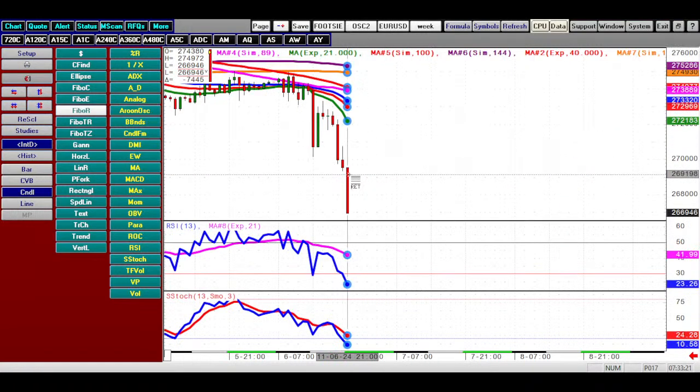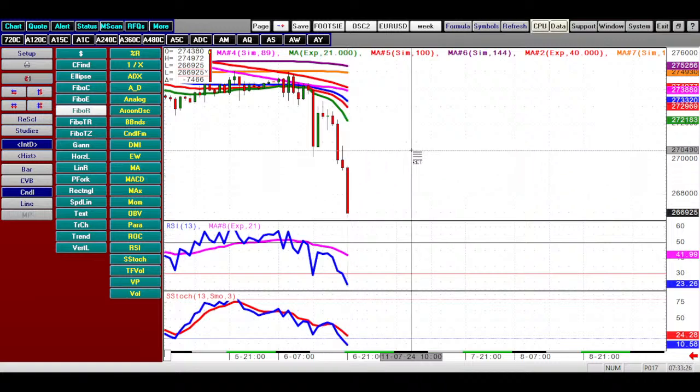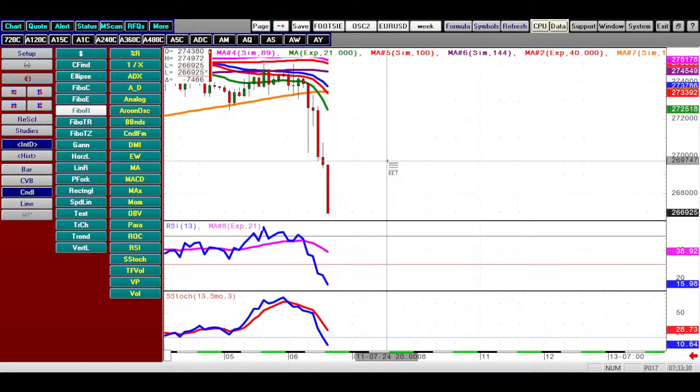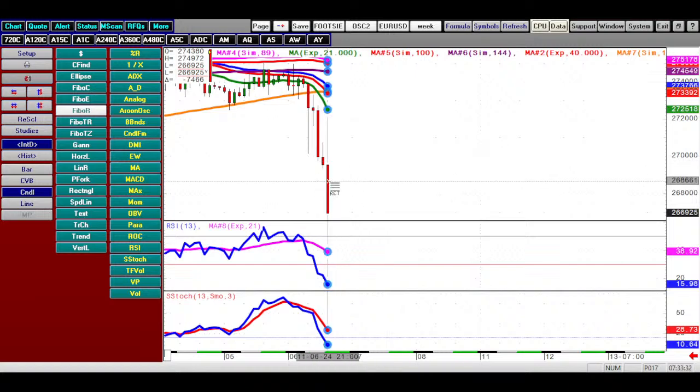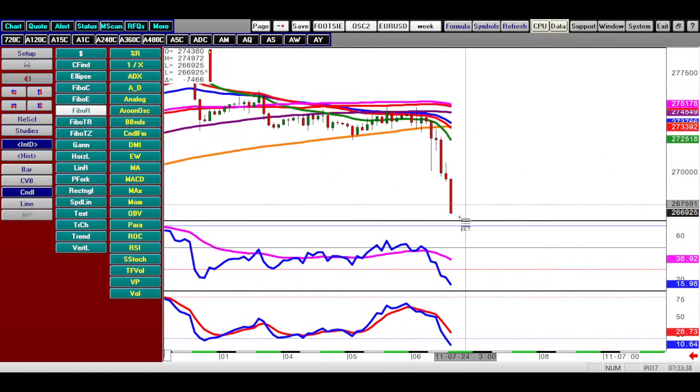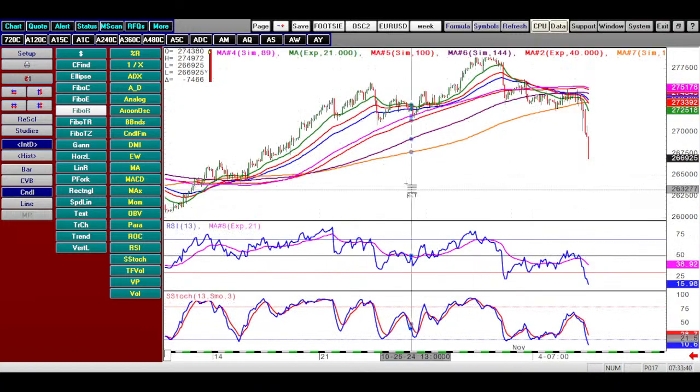And if you're looking at the hourly, 21, 23. Okay, 23. So that means we may see even lower. That means 1.5 hours on this down move.